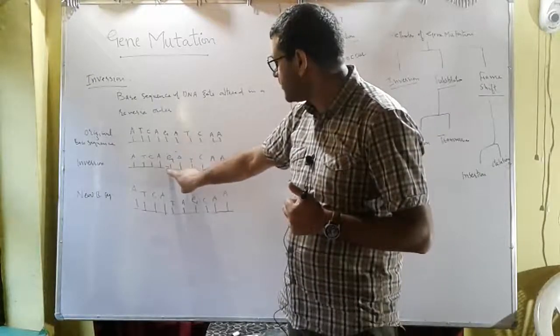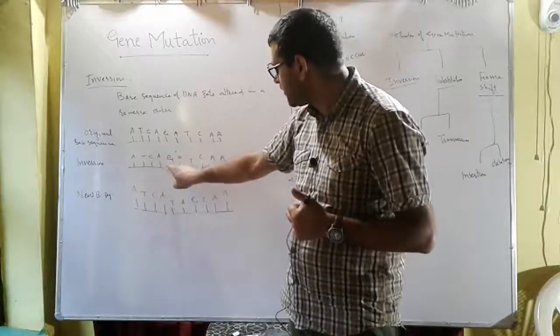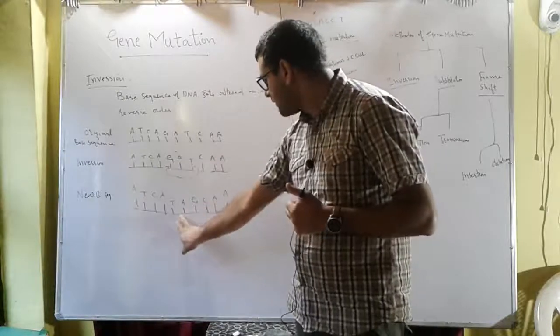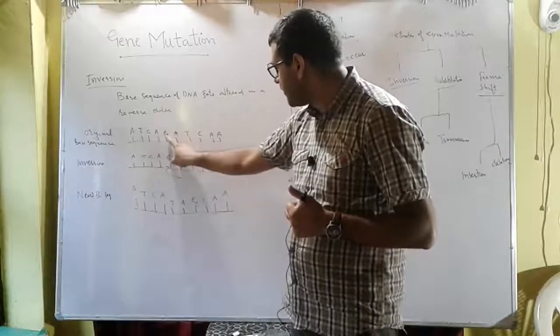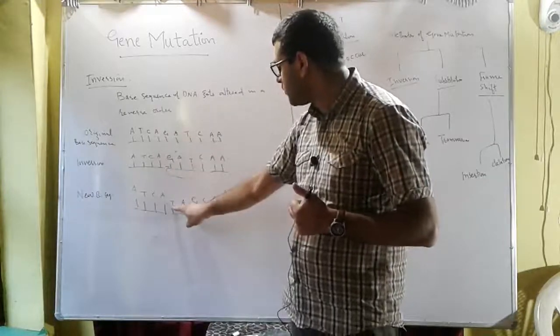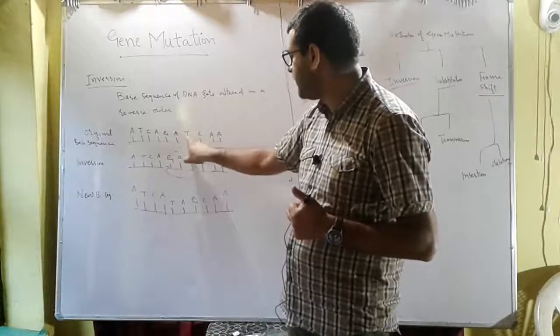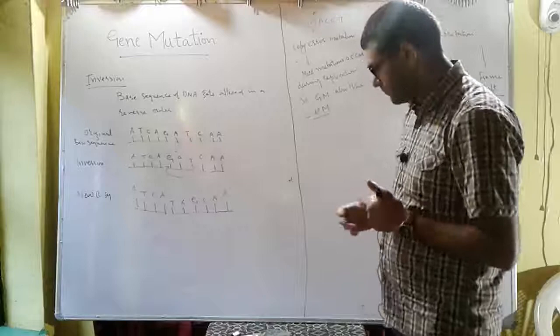The inversion has taken place at this position. So this T will come to this location and A will come to this position. Now at this position T is here, A, and then instead of T we have G. So this is an example of inversion.